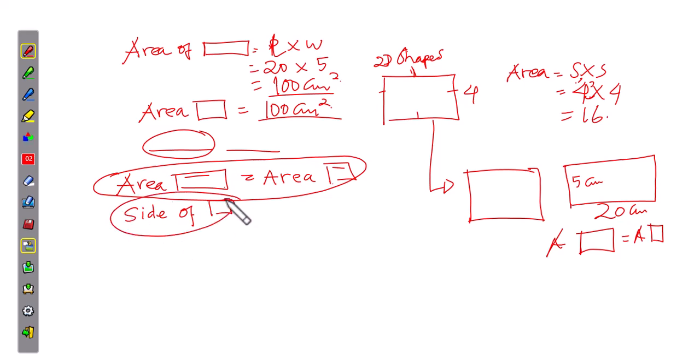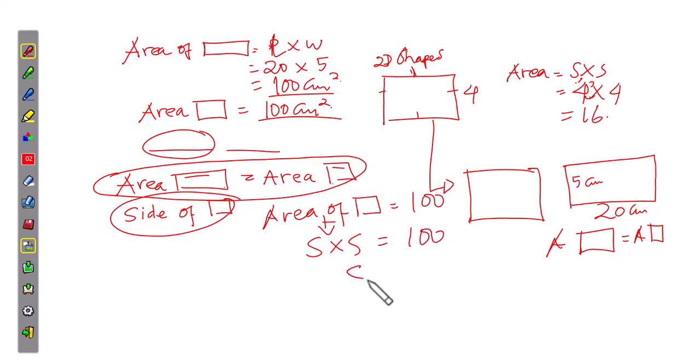So here we have the area of the square is 100. We put the formula for the area of a square: s times s, or s squared, equals 100.